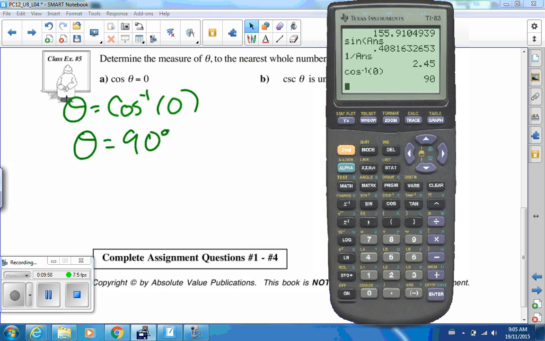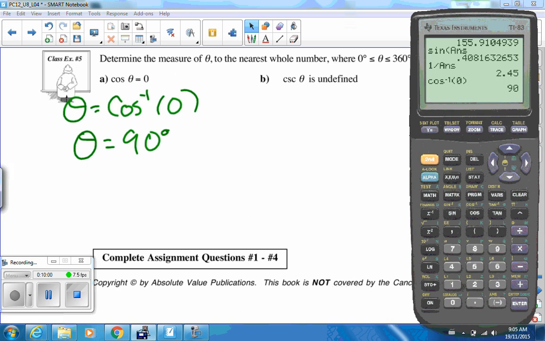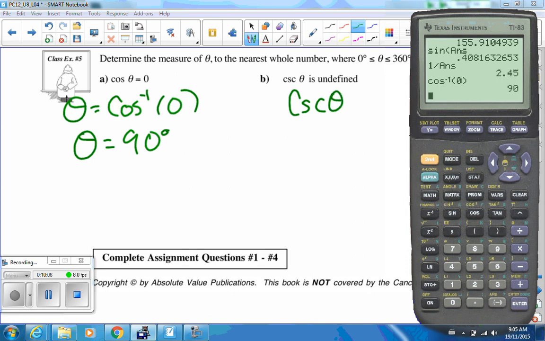Now, for something like this, I have to go, wait a sec, this doesn't make sense. Cosecant theta is undefined. What we want to think about is this. Cosecant theta is undefined. The way we get undefined is dividing by 0. So when we flip that into a sine, we get that.